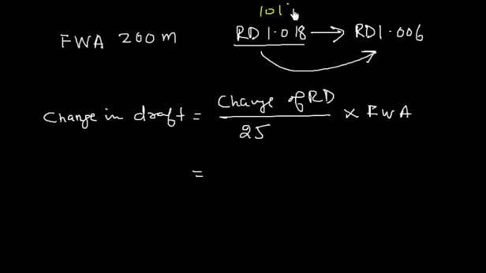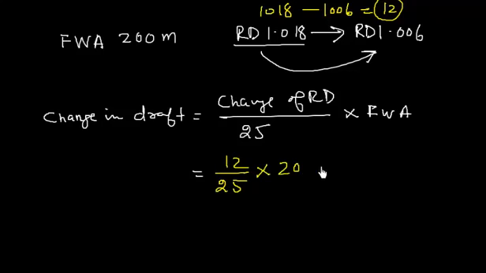So 1018 minus 1006 is going to be 12 only. So I use this 12 divided by 25 multiplied by freshwater allowance, which is 200. So I get this 96 mm. Well, this freshwater allowance was also given in mm, 200 mm.